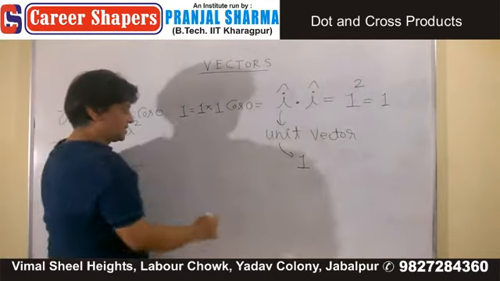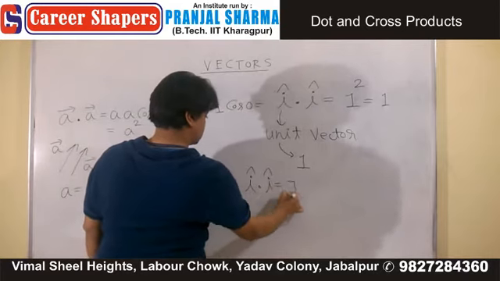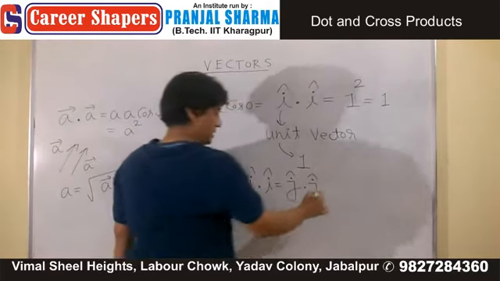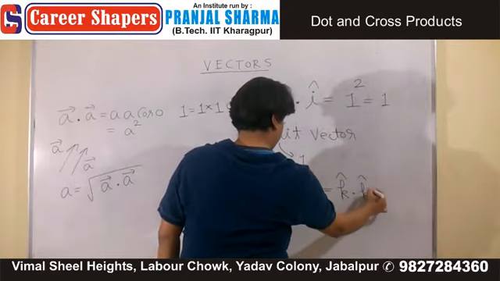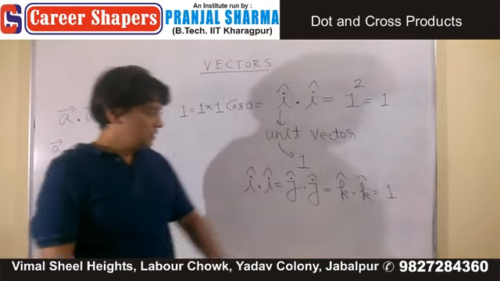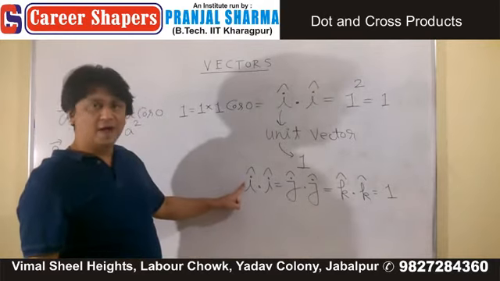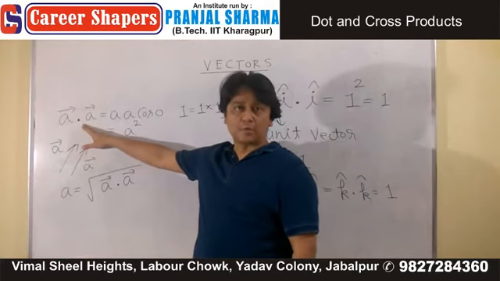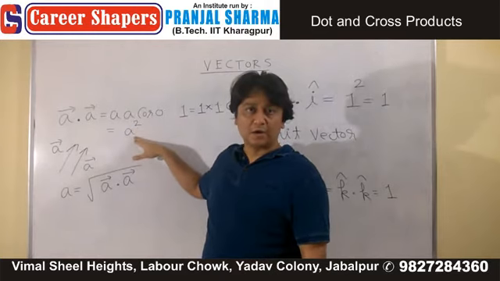Now, just remember this, that i cap dot i cap, j cap dot j cap, k cap dot k cap is always 1. This is 1 only if you have unit vectors. Otherwise, if you are taking dot product of two same vectors, then this is the square of their magnitude.